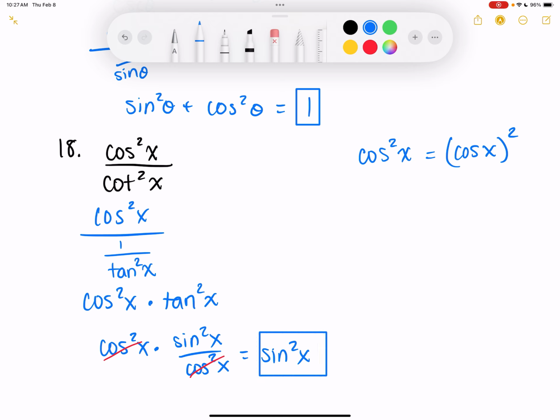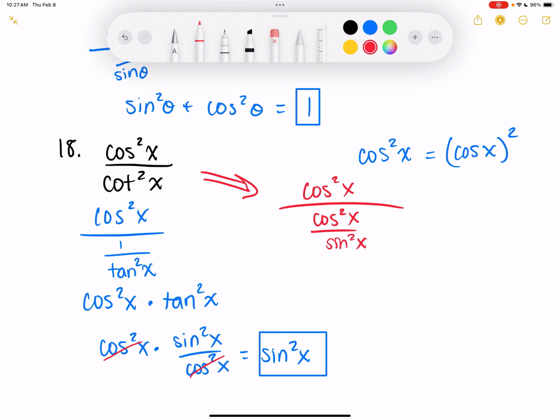So that way worked. Okay, but what's another way I can write cotangent instead of 1 over tangent? Cos over sin. Yep. So I can do this instead as the cosine squared of x over cosine squared of x over sine squared of x.